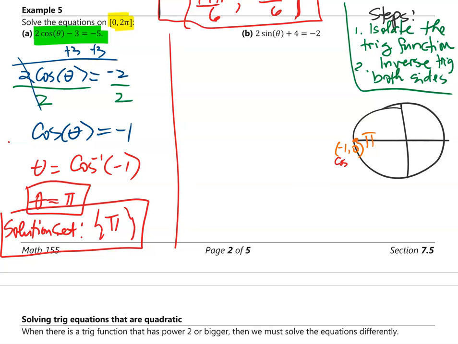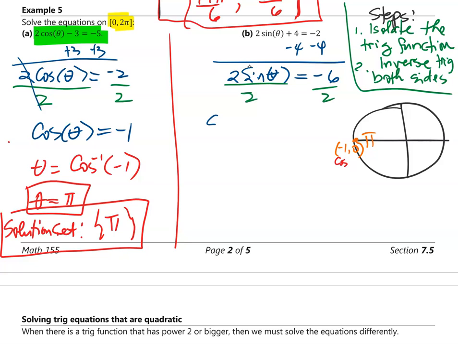Okay, letter B, let's do the same thing. Isolate the trig function, isolate sine. So that is subtract 4 both sides. So 2 sine theta is equal to negative 6. Then divide by 2. Sine theta is equal to negative 3.